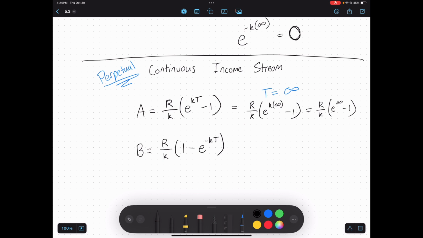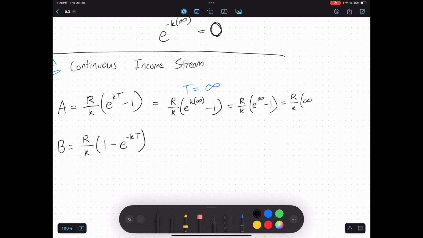Since that's a growth function, that's also equal to infinity. Well, what's infinity minus 1? That minus 1's not going to do a single thing, so I can kind of ignore that minus 1. What is R divided by K multiplied by an infinite value? It's infinite. So if I try this with my future value, I end up with just an infinite value.